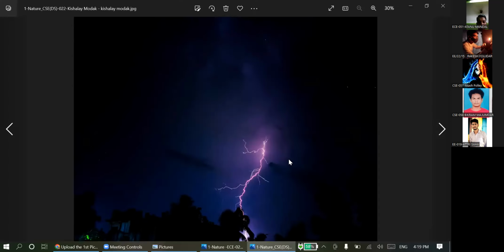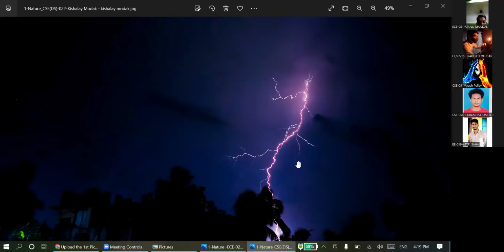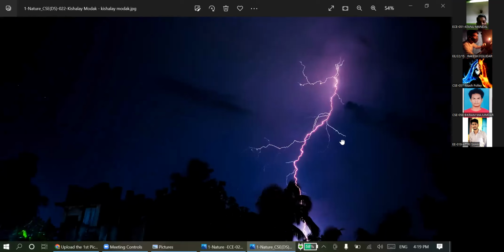I'm just telling you. Yes, if you show only this much of your image, then it is very attractive. Look at this. We need not show all the pictures. Show only the region where it is very attractive.